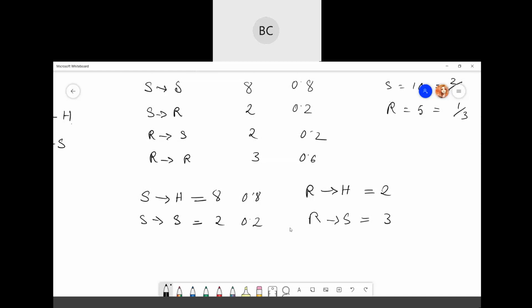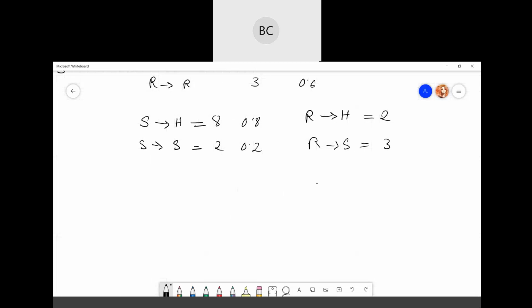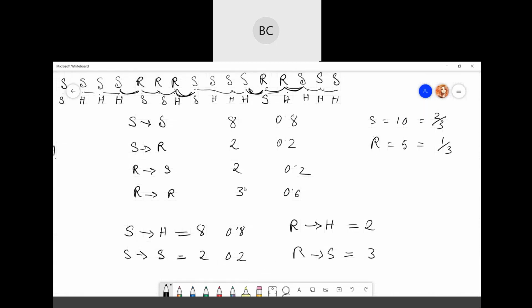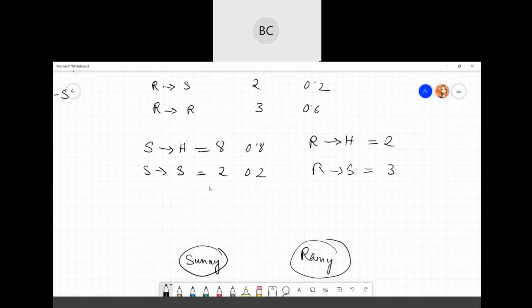Okay. So from here, we build the first conditions, like from the sunny node to rainy. First was sunny to sunny, the condition was 0.8.